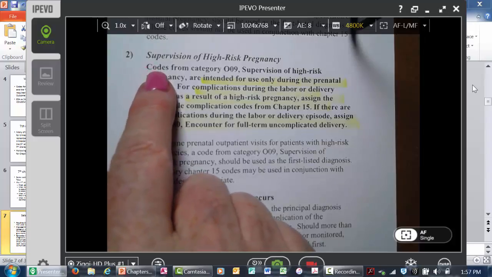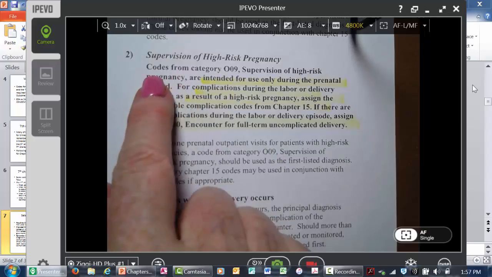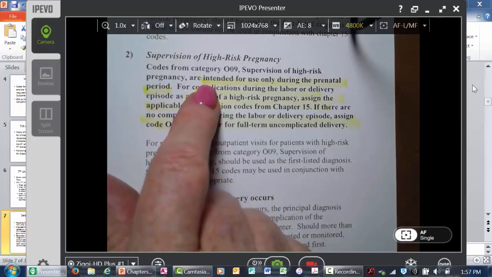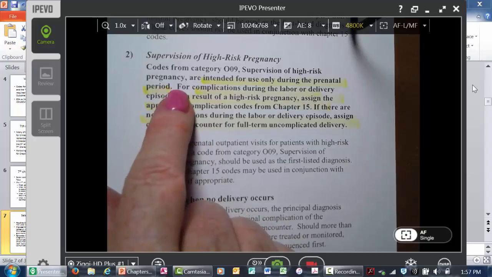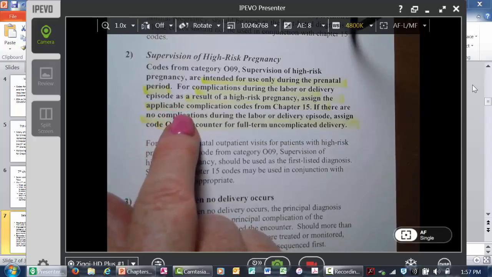It does say in your guidelines that the codes from this category, supervision of high risk pregnancy, are for the prenatal period, but it's expanded now to say that for complications during labor and delivery as a result of a high-risk pregnancy, you assign the complication codes from chapter 15.